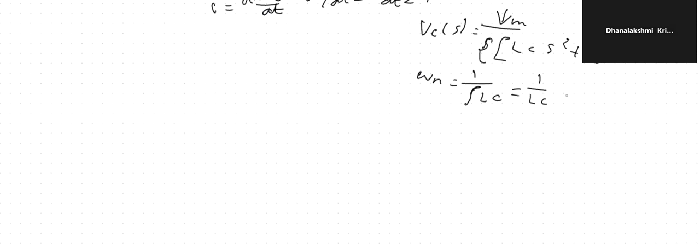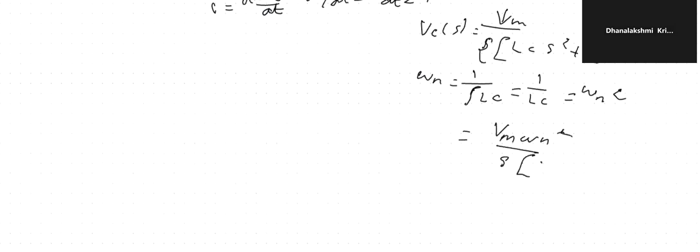Now substitute 1 by LC. Then Vm omega n squared by S into S squared plus, taking LC common, 1 by LC. So 1 by LC is equal to omega n squared.